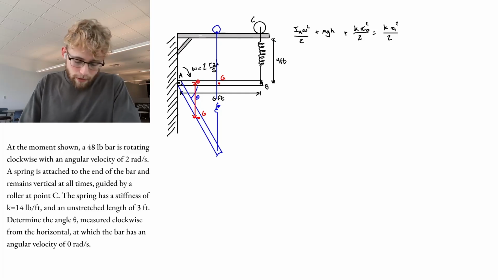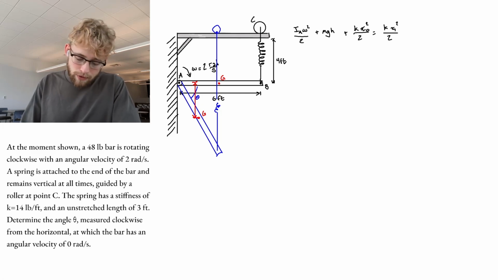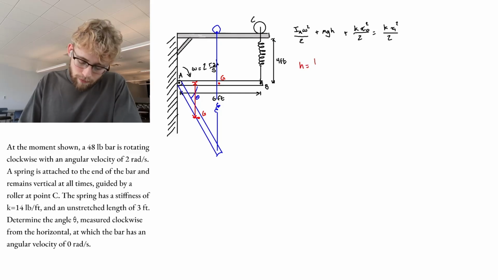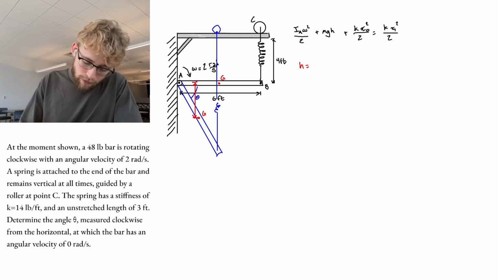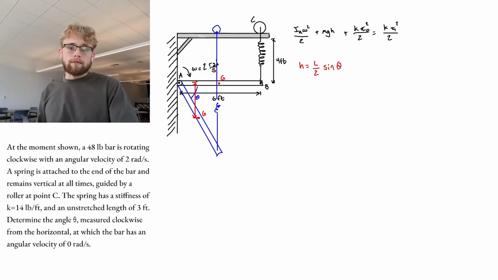That distance right there is just going to be half of the length of the bar sine theta. So we'll say that h equals half of L, so L over 2 sine theta. Cool.